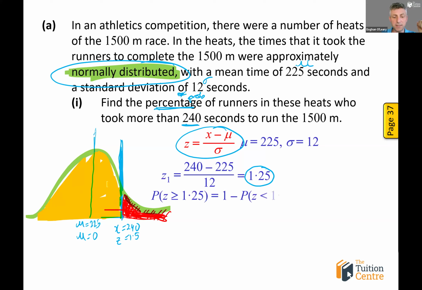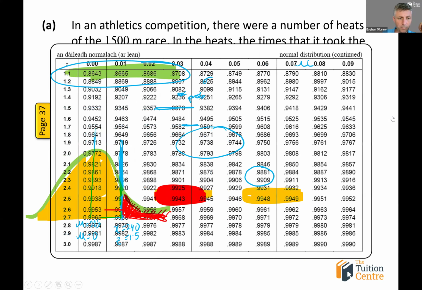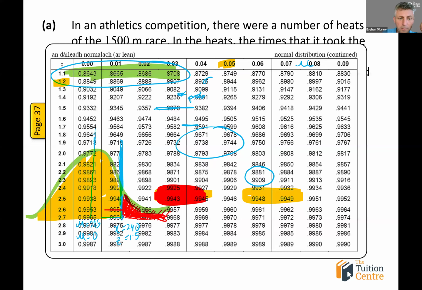And how I do it is I say the probability of a z-score being greater than or equal to 1.25 is 1 minus the probability of it being less than 1.25. So I look up 1.25 on my page 37, and there it is, 0.98944.